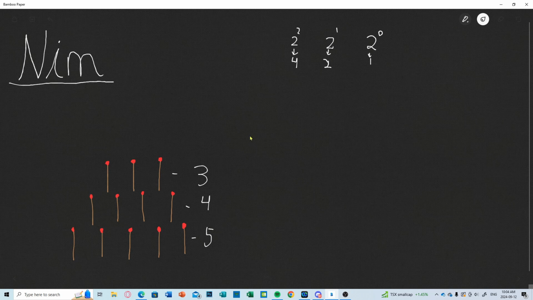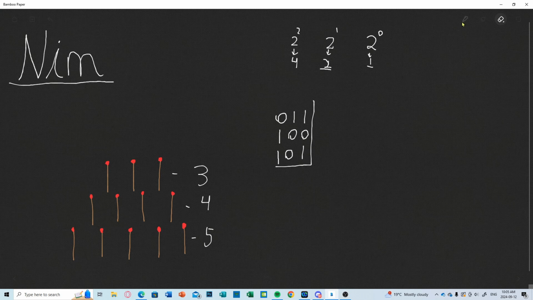To get 3, we need 2 plus 1, so we have 0 4s, 1 2, and 1 1. Now 4 is going to be 1 4, 0 2s, and 0 1s. And finally our 5 is going to be 1 4, 0 2s, and 1 1. We draw a line like that, and then we'll start our next step.